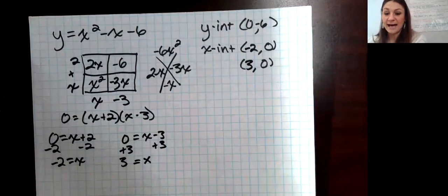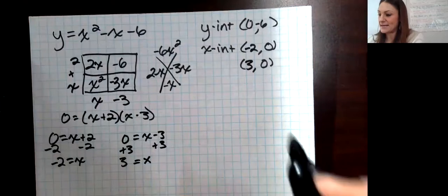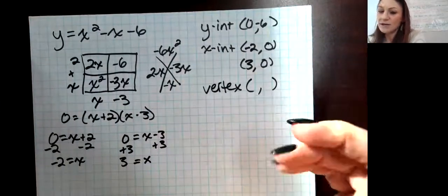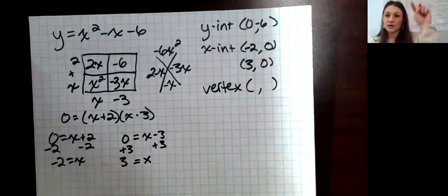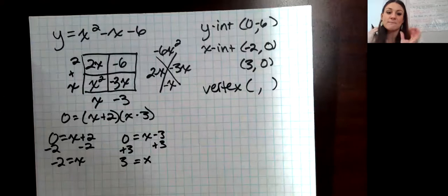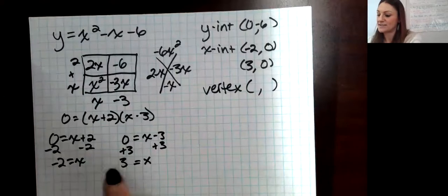Now, the last point that I need is my vertex. If you recall, all quadratics are symmetrical. You can fold them in half. The line of symmetry is where the vertex lies, and the vertex is always in the middle of the two x-intercepts.